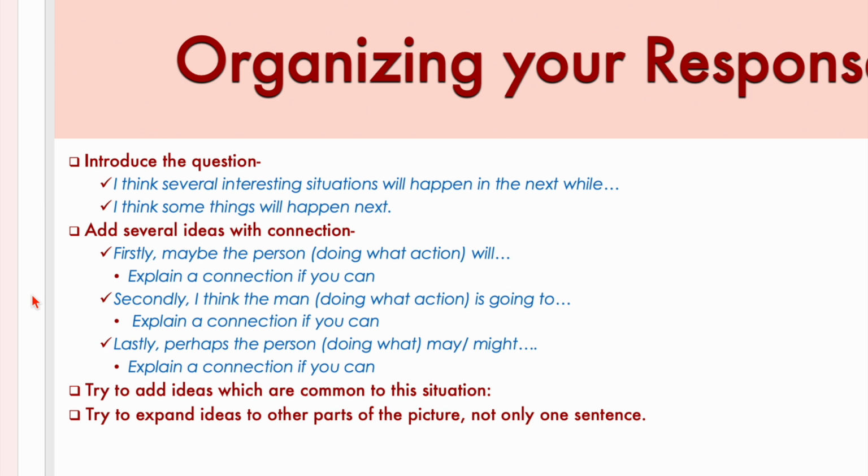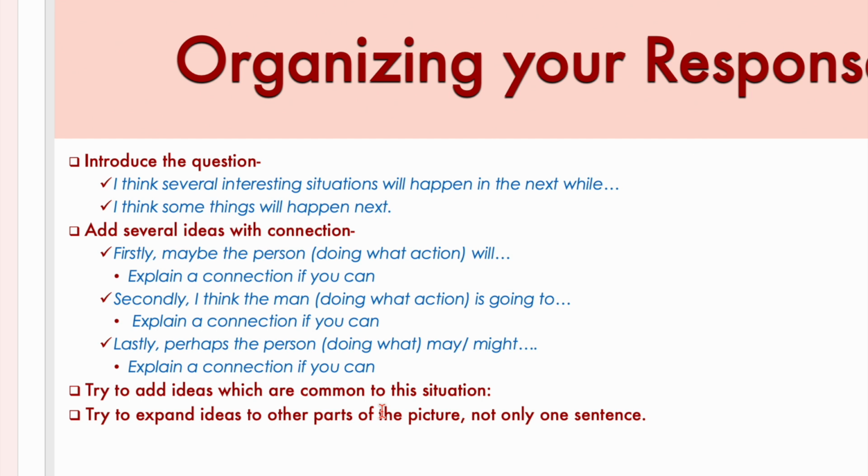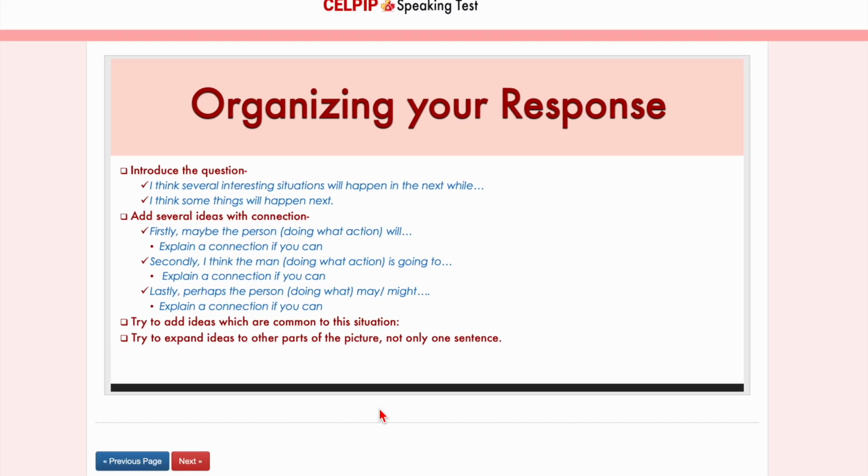Connecting ideas in the picture, that works really well. I'm going to explain that in the analysis. All right. And we should always think of ideas which are common to the situation. Something that is common, not something that just won't happen. Okay. Very good. So let's get started with today's analysis.